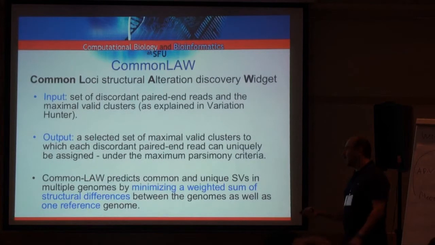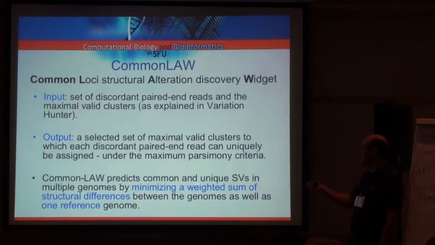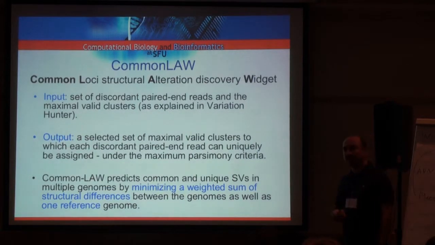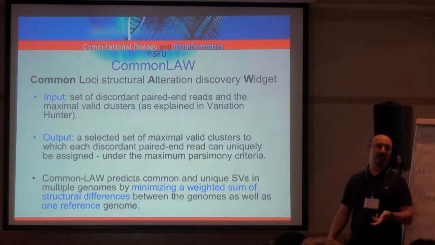And in fact, from a theoretical point of view, you can come up with an optimization problem where the goal is minimizing a weighted sum of structural differences between A and reference, B and reference, and A and B all together.